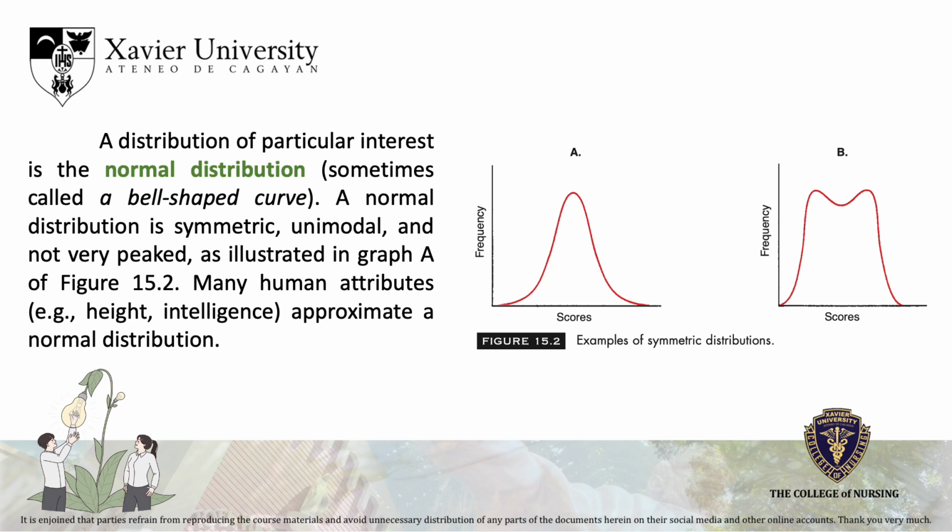A multimodal distribution with two peaks is a bimodal distribution, as illustrated in graph B of Figure 15.2.